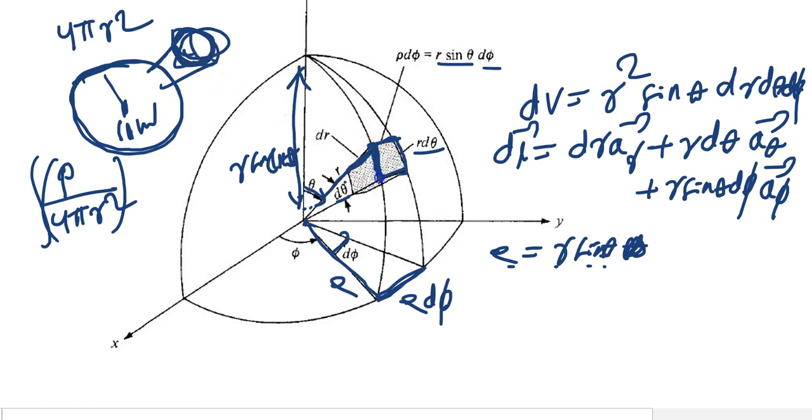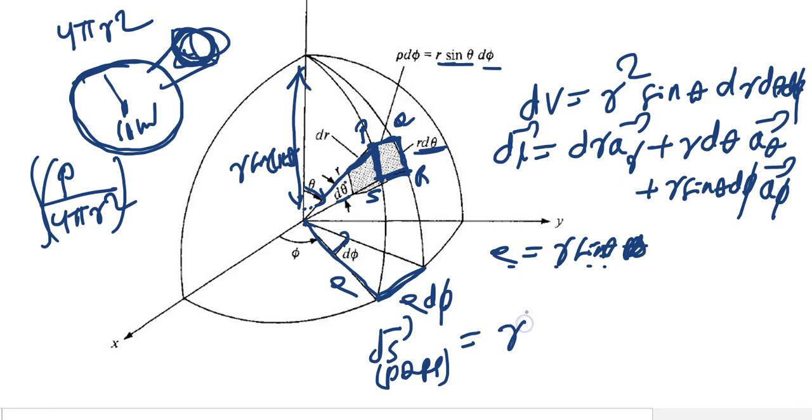So clearly you can see this area, PQRS, is the surface of that sphere. So ds for PQRS, very important, is the multiplication of both. This is r d theta, this is r sin theta d phi.